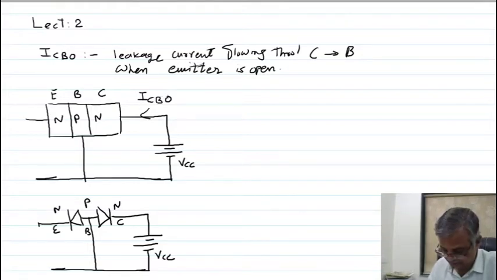Listen. When the emitter is open circuited, see there is no connection here, no battery is connected here.